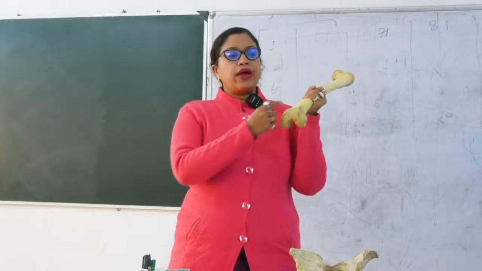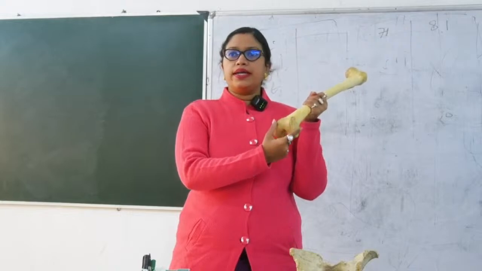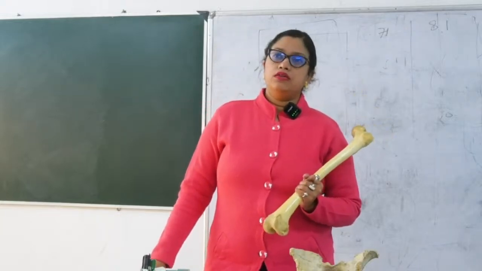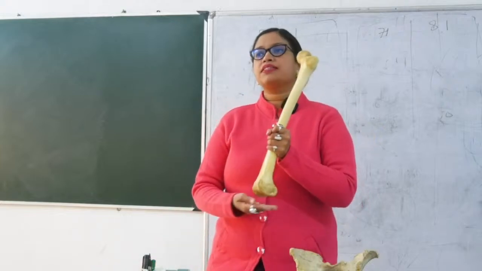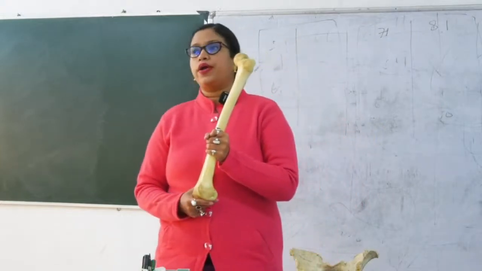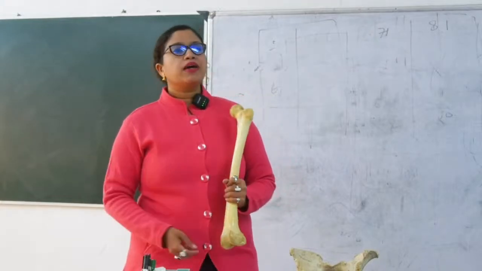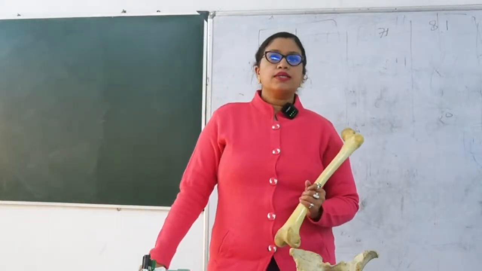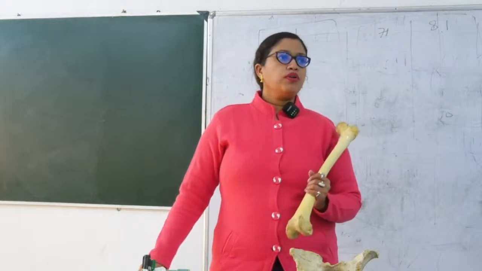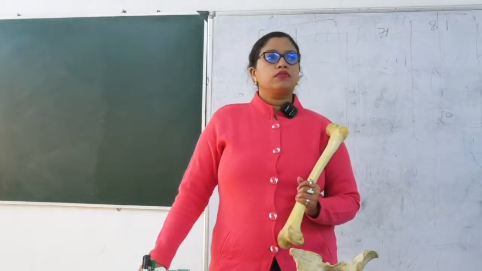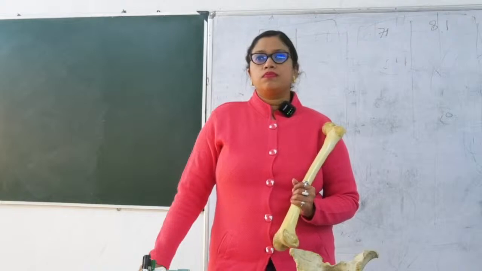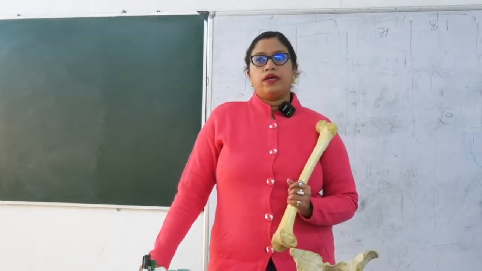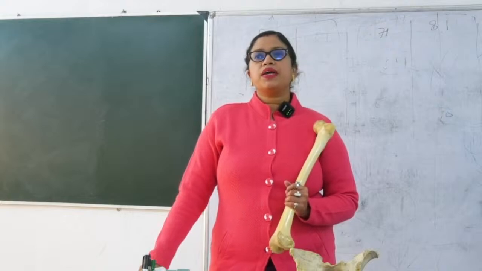In the knee joint, the patella would be articulated just here, and this condyle will articulate with the condyle of the tibia. In between that there is a meniscus. So it is forming the knee joint. Tell me, what is the mechanism of flexing and extending the knee? Do you know? What is the position of the bone? Close it. What is the mechanism of the knee joint?